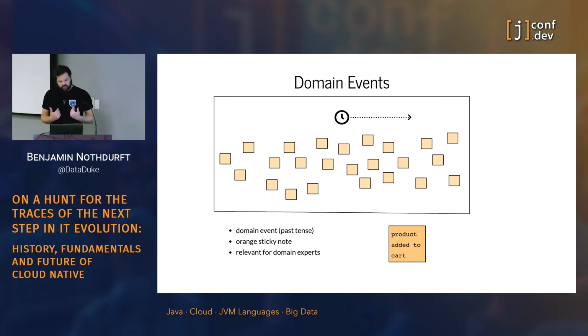So I just ask them to write down, for 10 minutes, for example, very briefly, everything that comes to your mind in past tense as an event on, for example, orange sticky notes. And after that time is over, you see that there are some people that have a lot of sticky notes, some have just a few. And then I usually pull out persons that have just a few sticky notes, and I let them put them on the wall. So you have a process with a timeline from left to right.